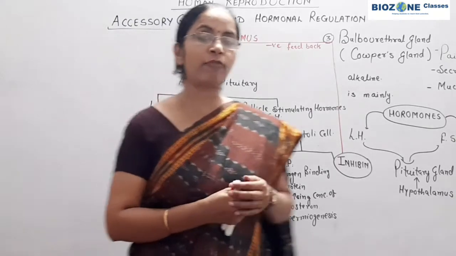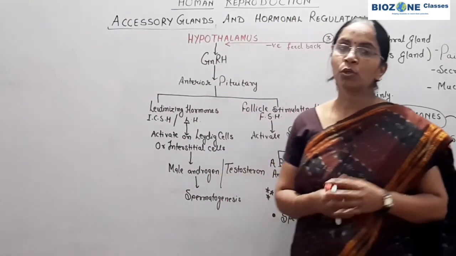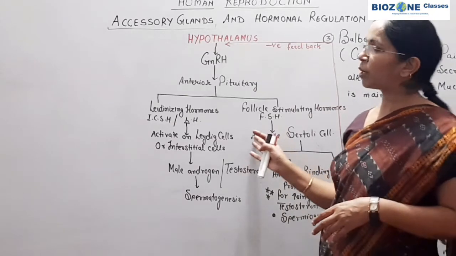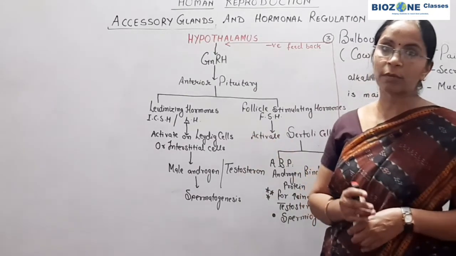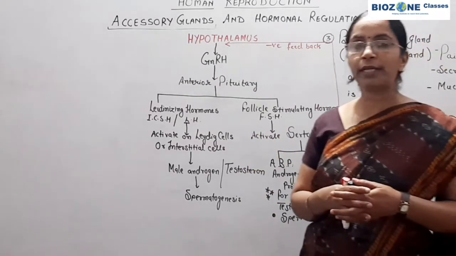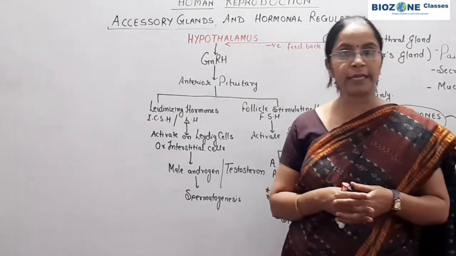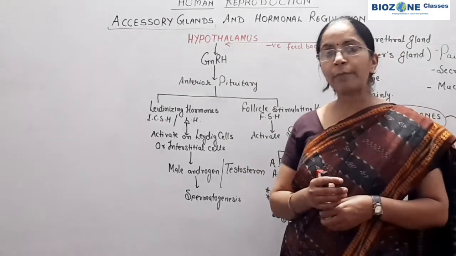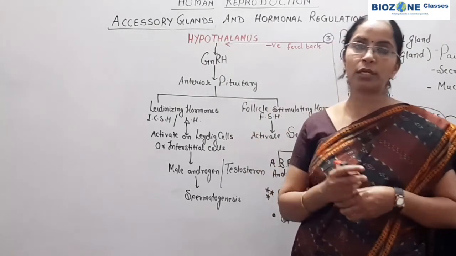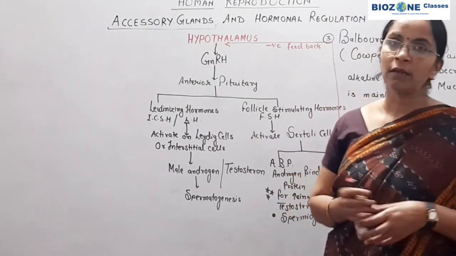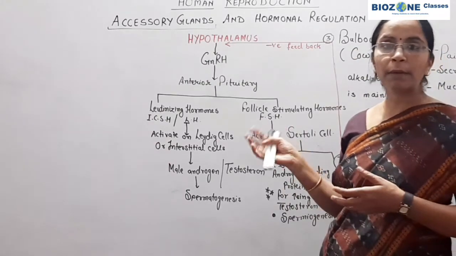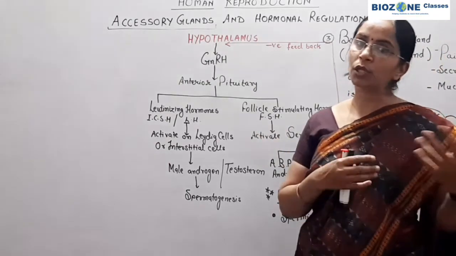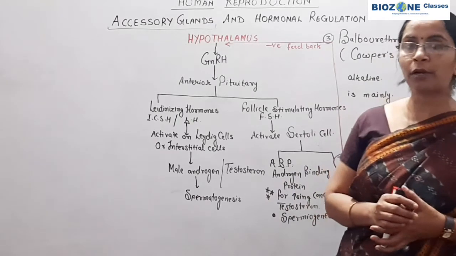If you are targeting the NEET exam, prepare this hormonal control of the male reproductive system very well, the pH of fluids released from the accessory glands, as well as whatever we studied about the male reproductive system in the previous session. With this, I sum up today's session, because now we will begin with the female reproductive system.